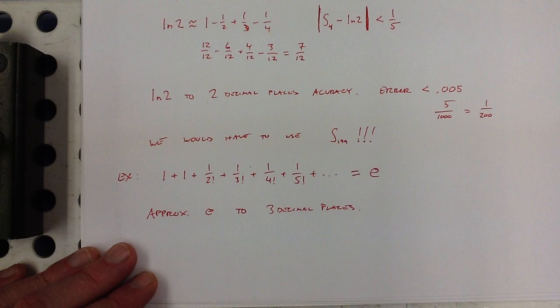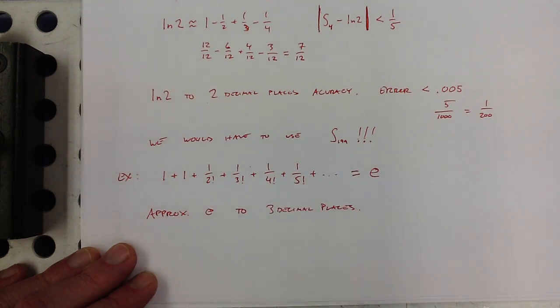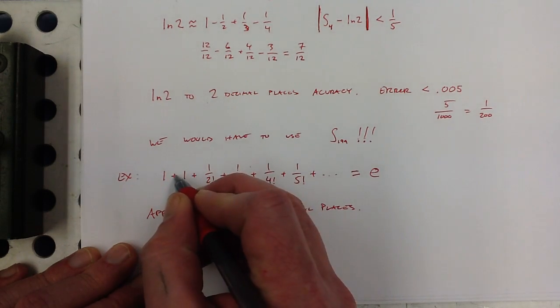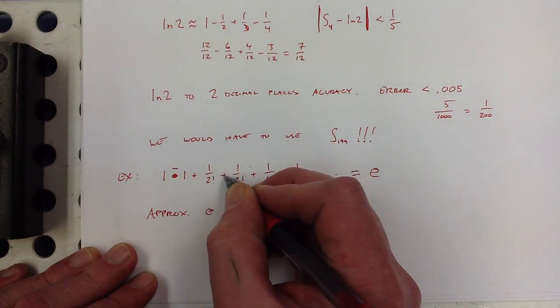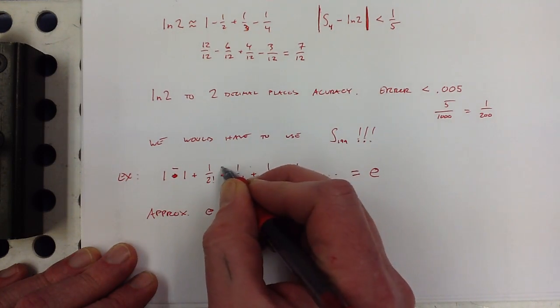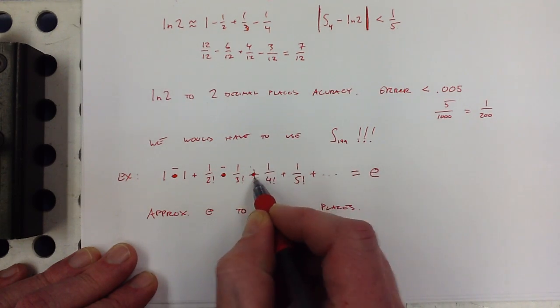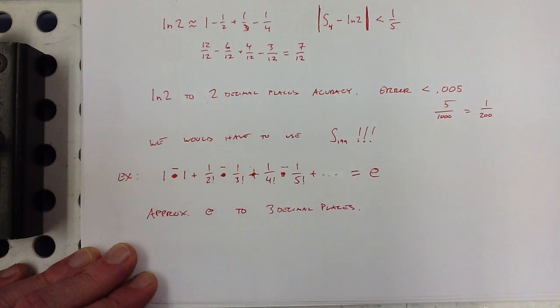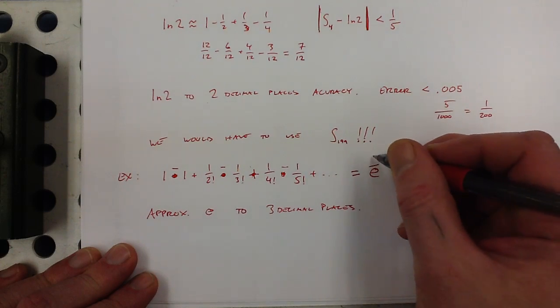You know what's wrong. The problem is, this is not an alternating series. But we can fix it. If we make it alternating, like this, whoops, that's still plus. Then you're not going to believe this. That converges to 1 over E.